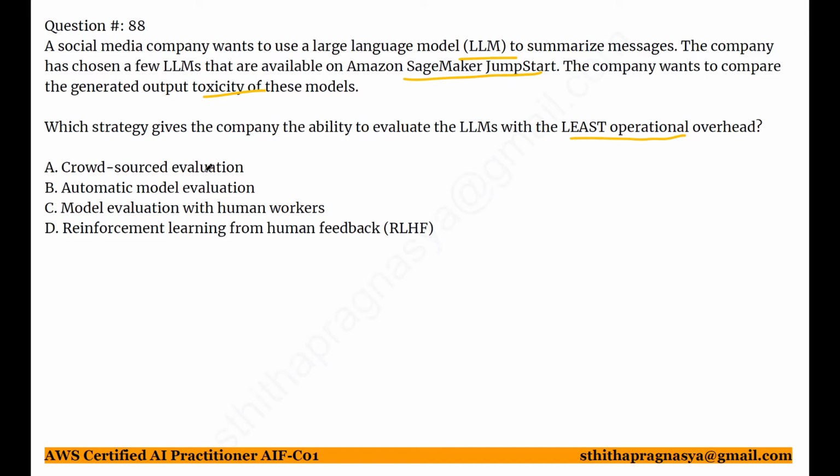This involves using a distributed group of individuals, usually Mechanical Turk workers, to evaluate the outputs of the LLMs for toxicity. While it provides diverse feedback, managing and coordinating a crowdsourced evaluation process can result in significant operational overhead, including worker recruitment, quality control, and data aggregation. So this option is not correct, as it has higher operational overhead.